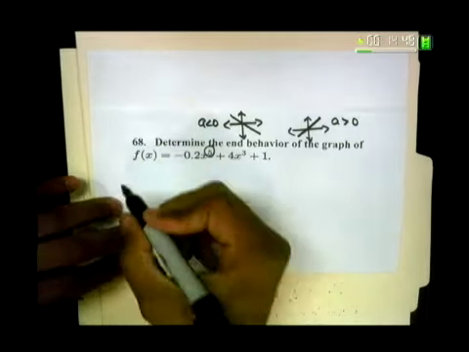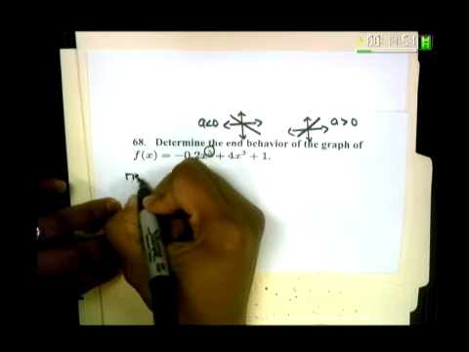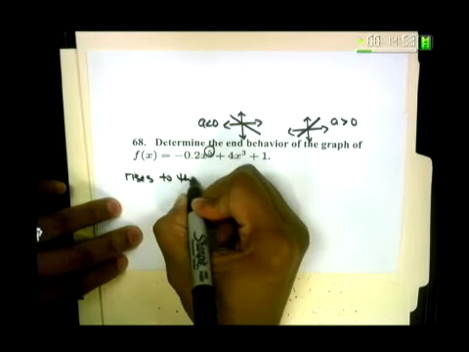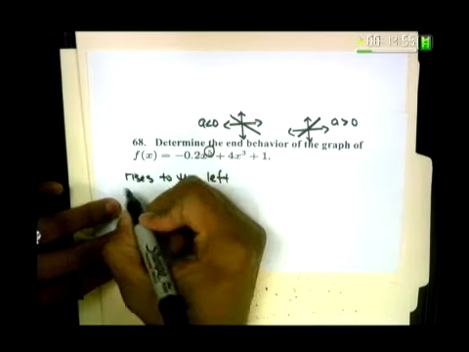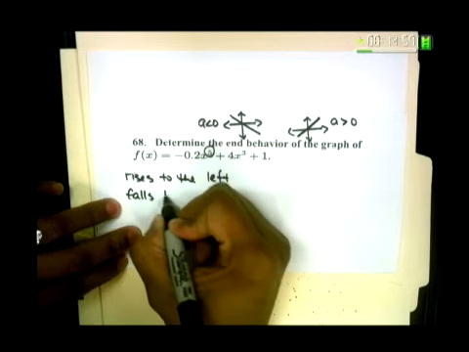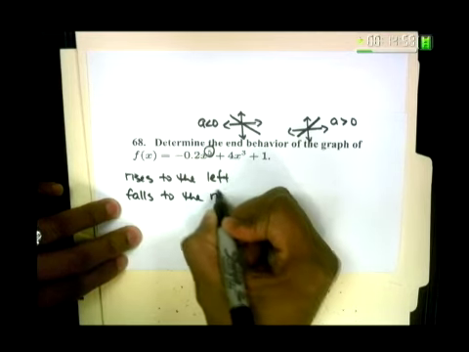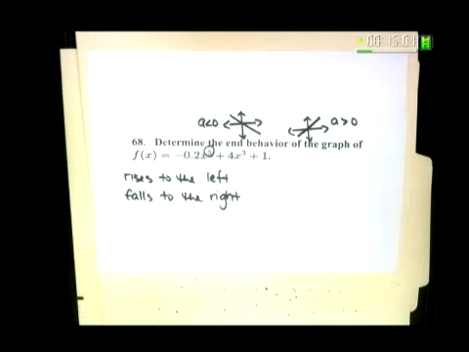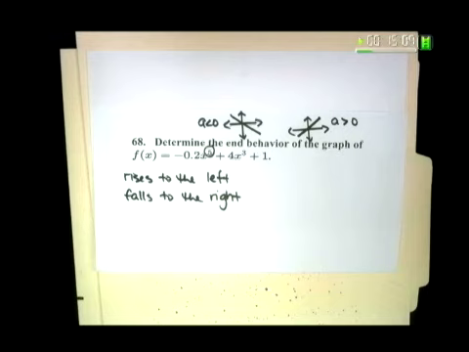So we would say that this rises to the left and falls to the right. If it was positive, it would be the opposite: rise to the right and fall to the left.